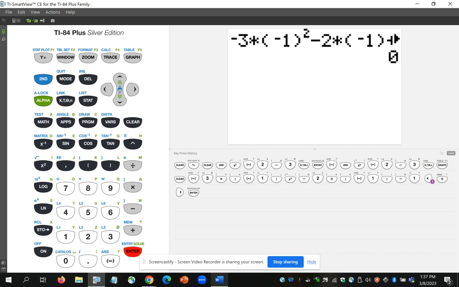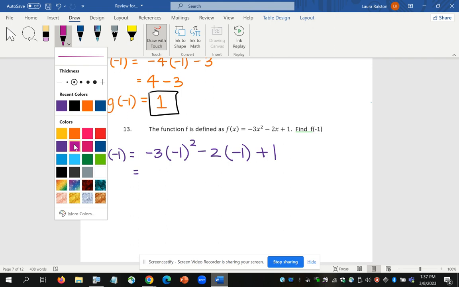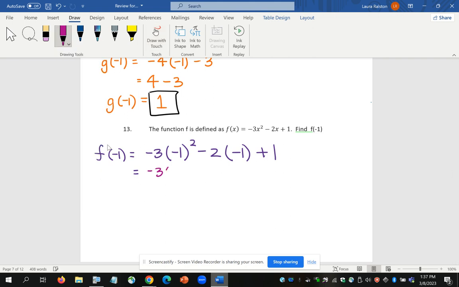Okay, so it will do it in your calculator, but let me walk it through by hand. Okay, so if I'm following order of operations, I would do exponents first. So -3 times +1. -2 times -1 is +2 plus 1.